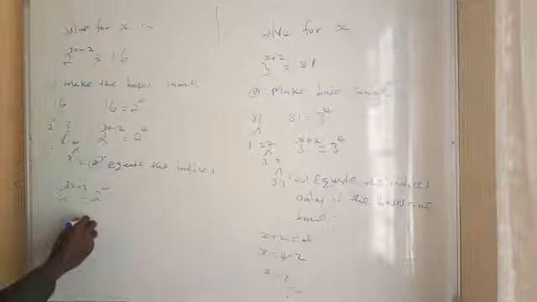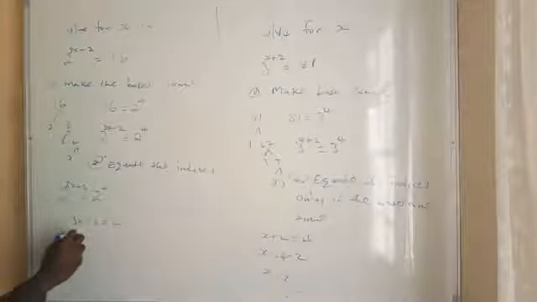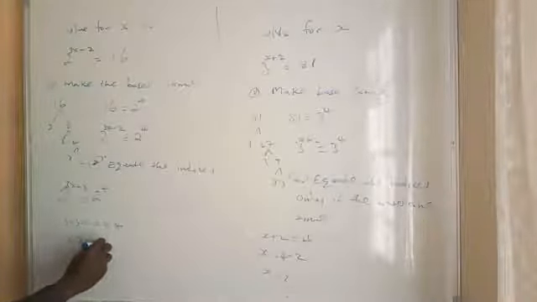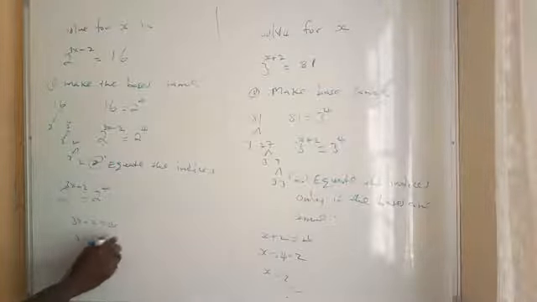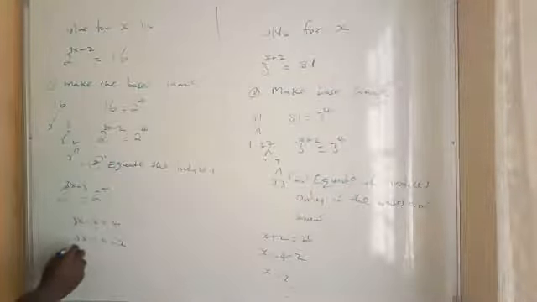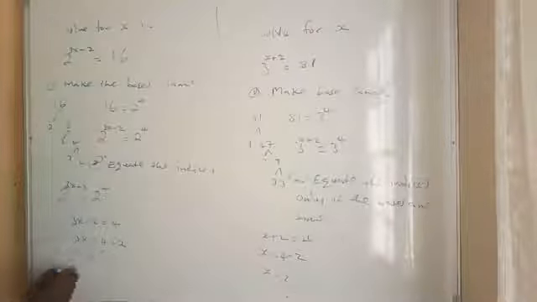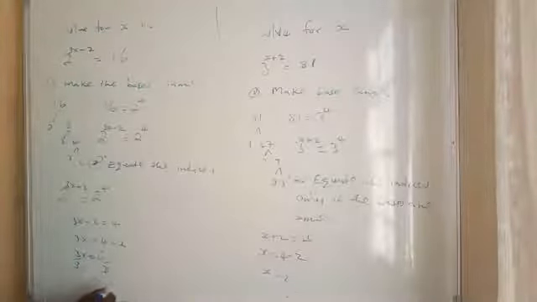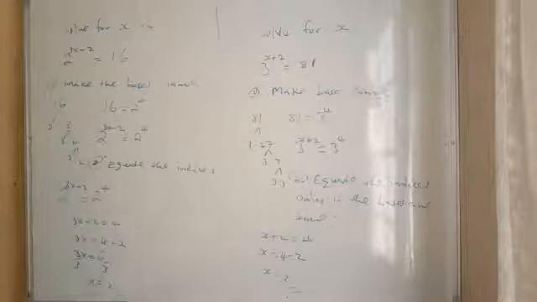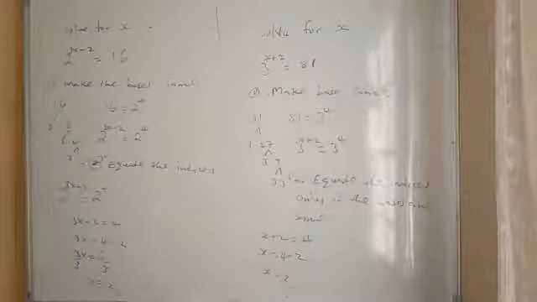That is x minus 2 is equal to 4. x is equal to 4 plus 2. x is equal to 6. Mathematically, we divide by 3 on both sides. So our value for x is 2.